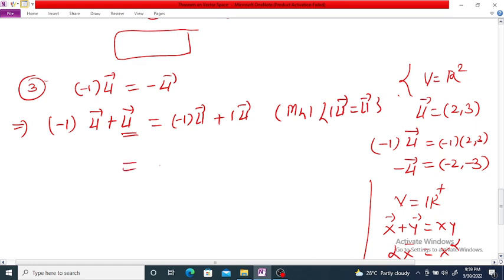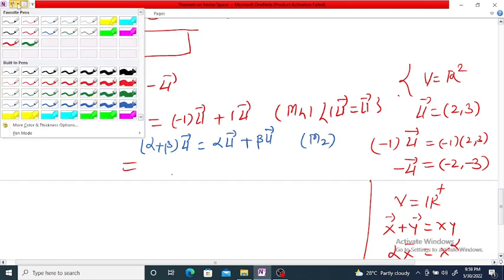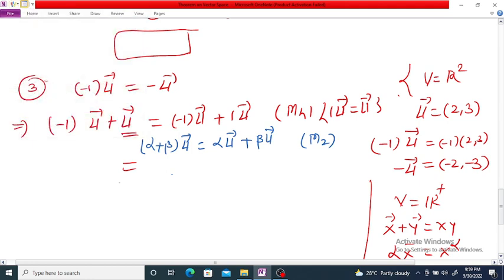Now by using the property, alpha plus beta into u bar is equal to alpha u bar plus beta u bar, that is M2. If you apply this M2 property here, then we get minus 1 plus 1 into u bar.